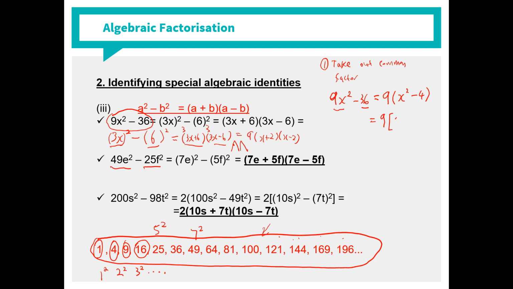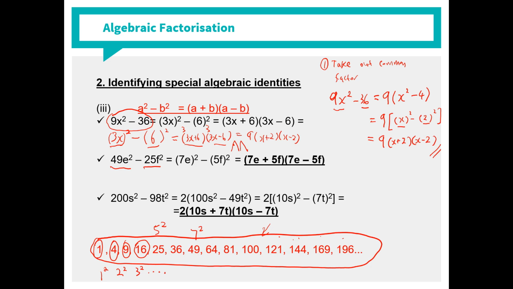So it's actually something squared minus something squared, so it's x squared minus 2 squared. So it's 9 times, let's write it. This guy is your A and this guy is your B. So this is your A plus your B, which is 2. This is the final answer.